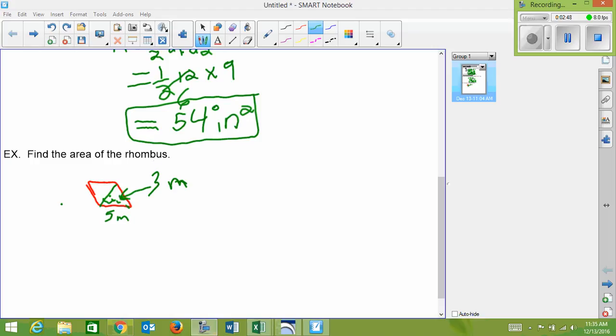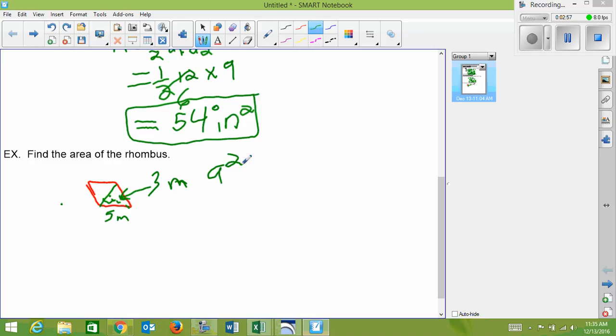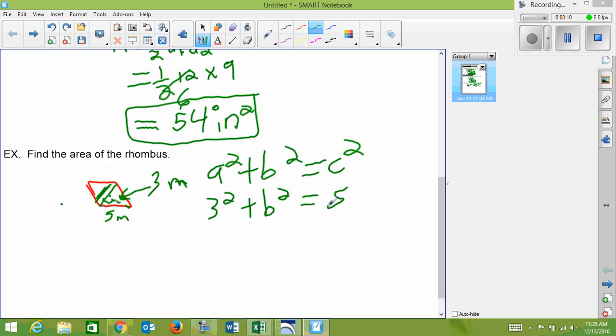All right, so I did change this to 3. What it should have been. I had the problem written wrong to begin with. So we need to do Pythagorean theorem to find this piece right here, that diagonal. So a squared plus b squared equals c squared. So the a would be 3, plus b, which I don't know, is your 5 squared.